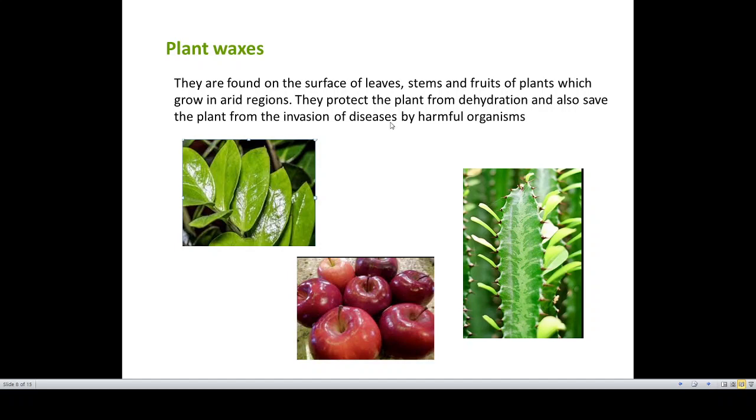So here the main function is it protects against dehydration and it also acts as a barrier so that harmful organisms cannot attack the plants.